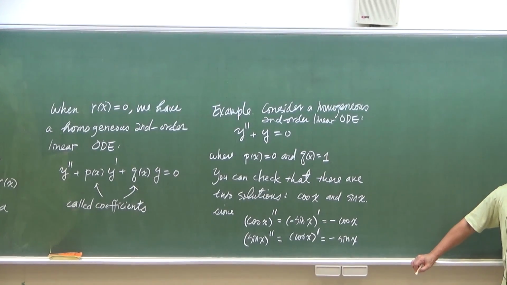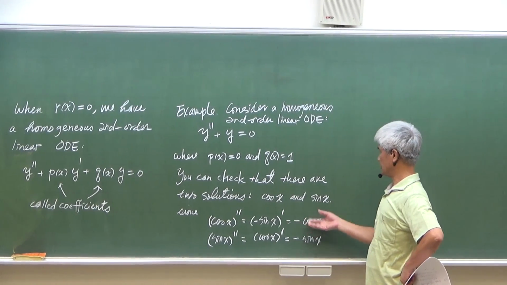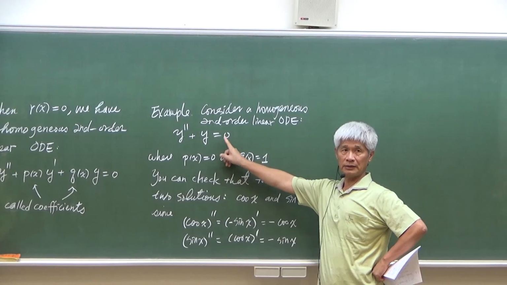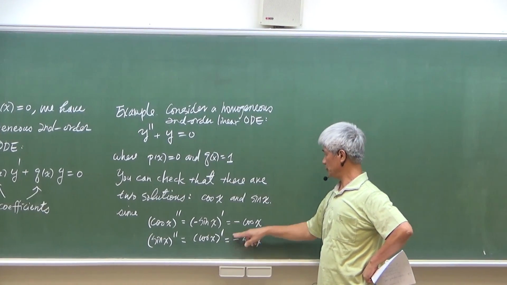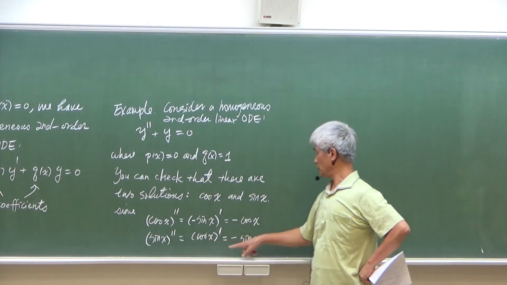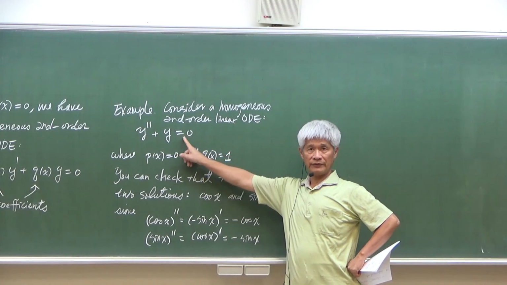And when you move minus cosine x to the left-hand side, we find that cosine x satisfies this differential equation. Similarly, if we move minus sine x to the left-hand side, we will see that sine x satisfies this differential equation.